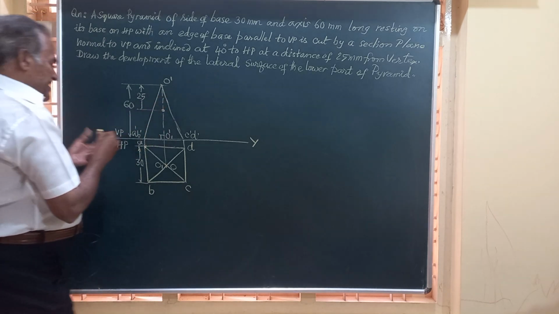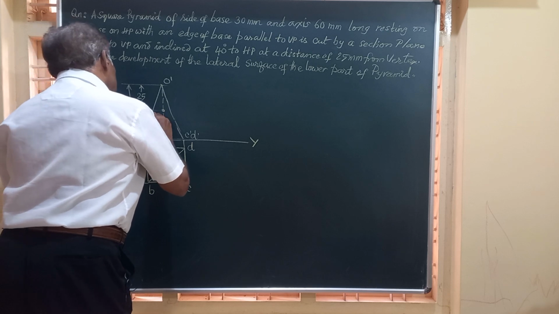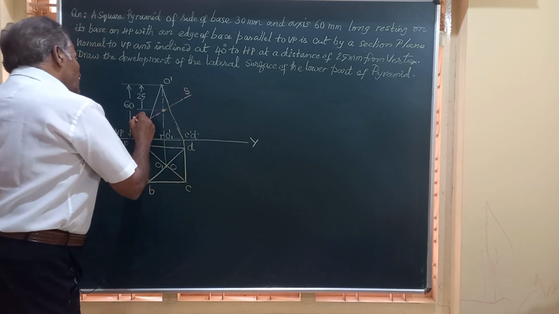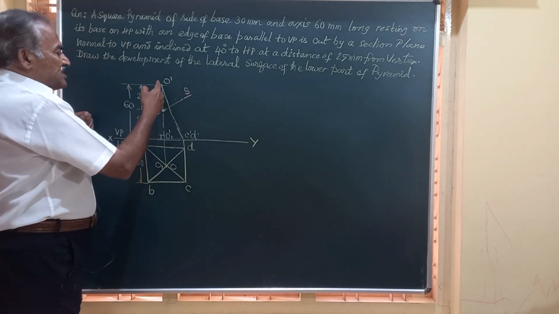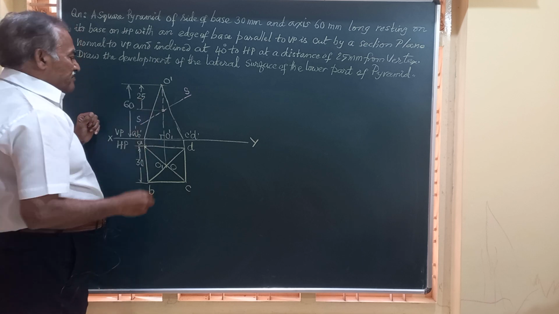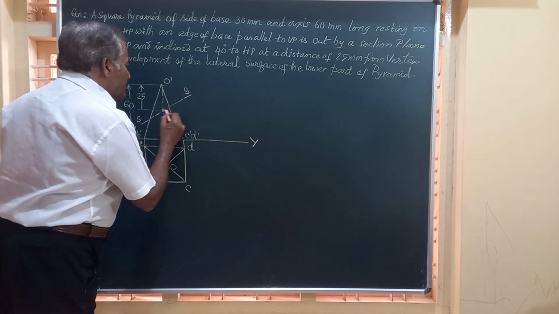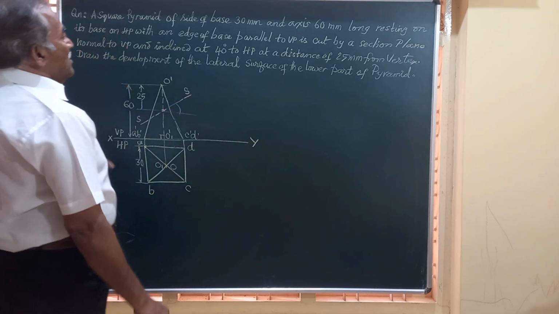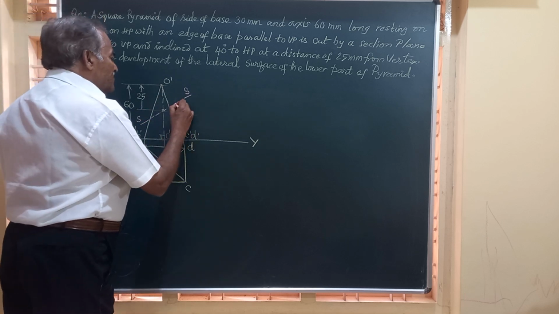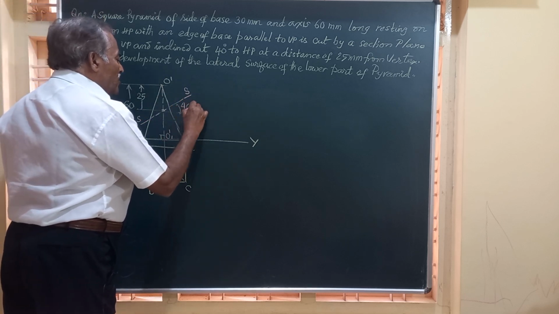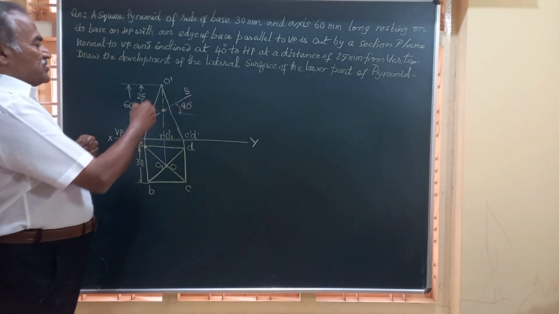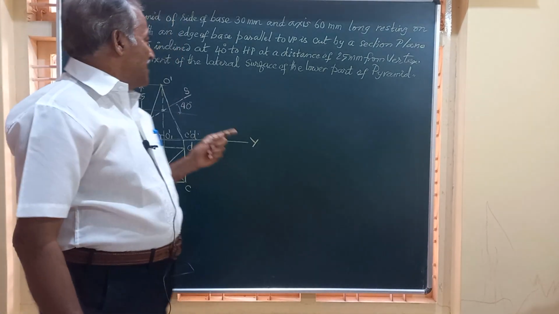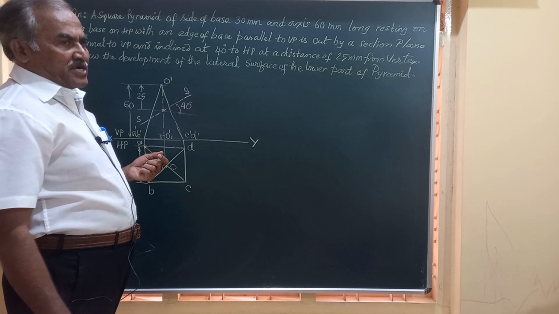I am going to mark the section plane SS passing through this axis at a distance of 25 millimeter, and the inclination of the section plane with the HP is given to be 40 degrees. So this angle is 40 degree. So you have placed the object and you have shown the section plane SS which is normal to VP, and cutting the solid at a distance of 25 mm from the vertex.